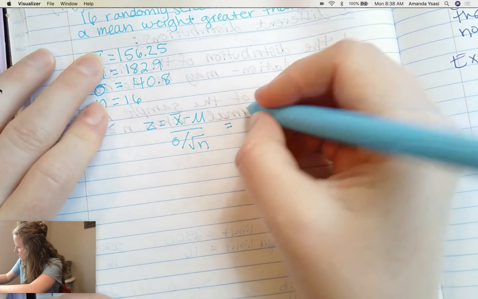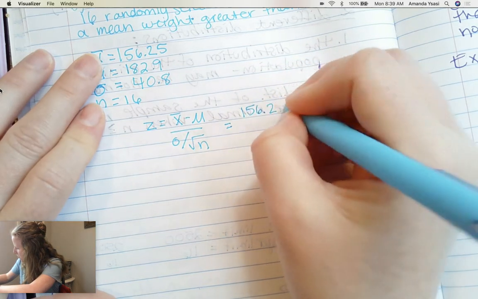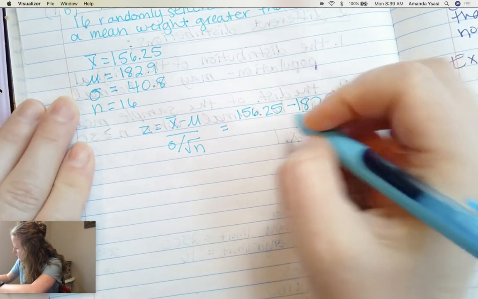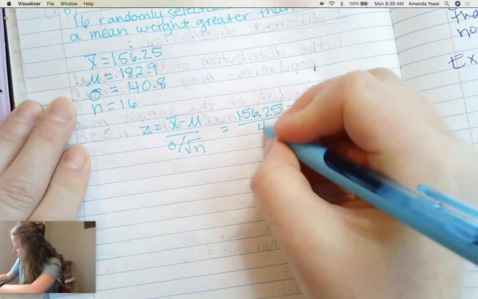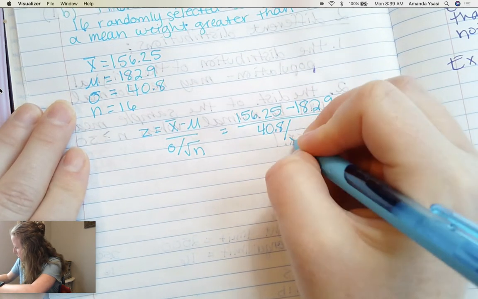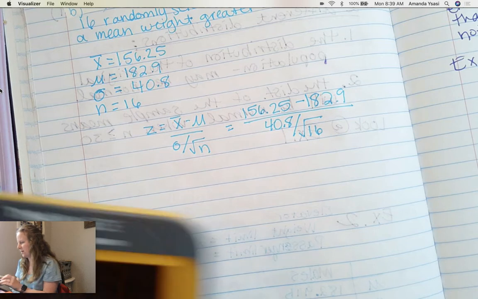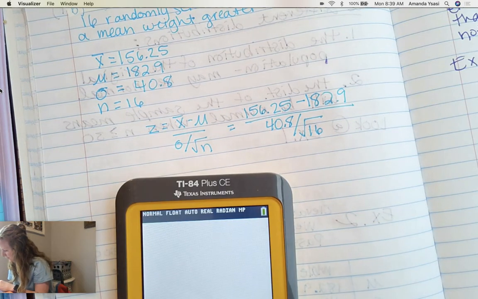So this means 156.25 minus 182.9 over 40.8 over square root of 16, because we're doing a sample of 16. Okay, so we'll put that in the calculator.